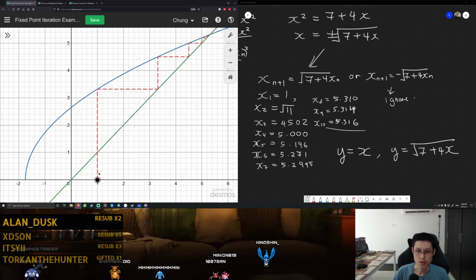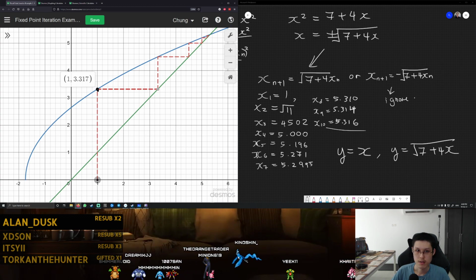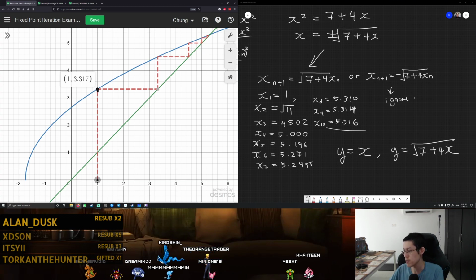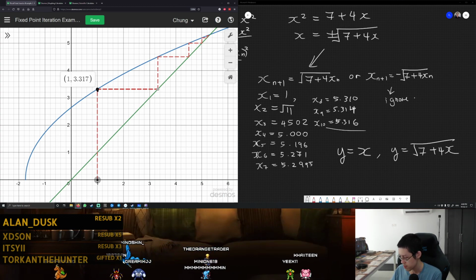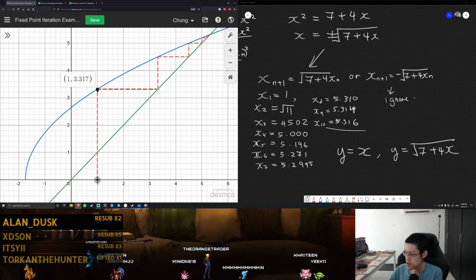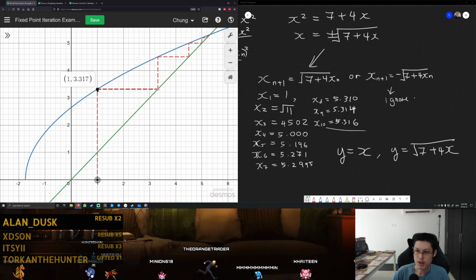So when x equals 1, my blue function is going to give me 3.317. 3.317 is actually root of 11. Let me just check. Yep, 3.317 is root of 11.